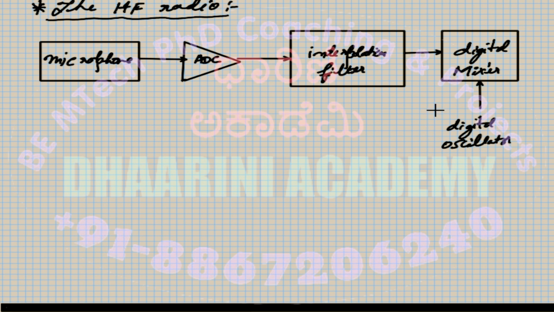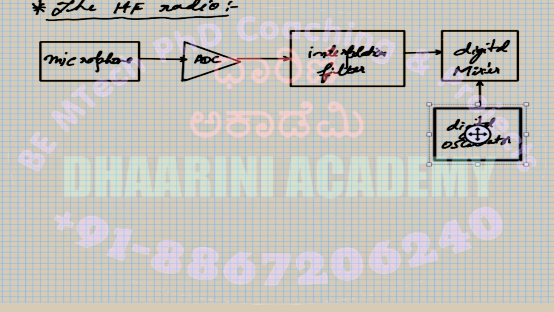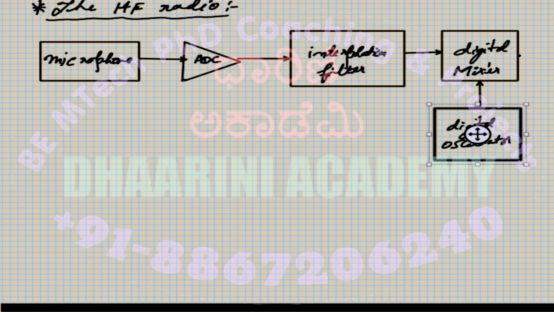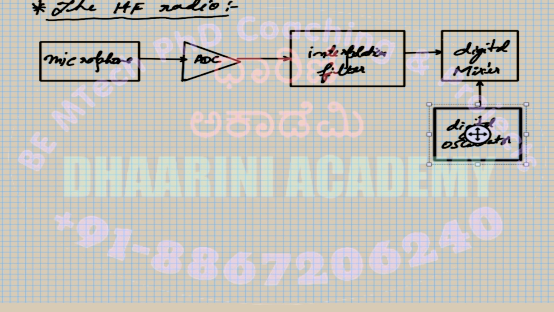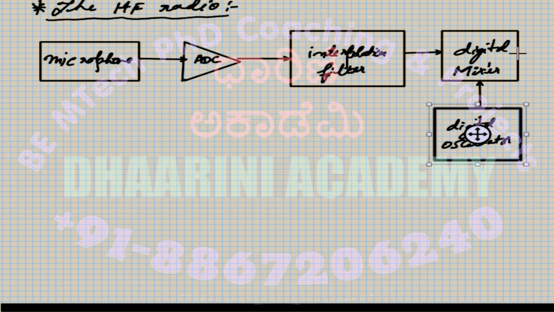So the digital oscillator generates oscillations as per the requirement, like the required frequency and required amplitude. At the output of this digital mixer, we are going to get the digital samples at intermediate frequencies, something like IF, right?